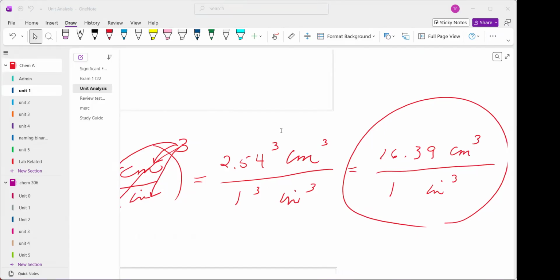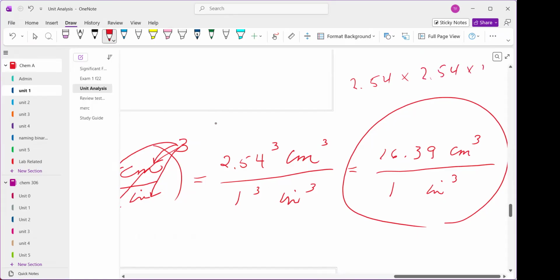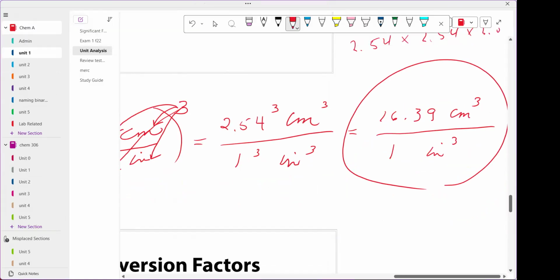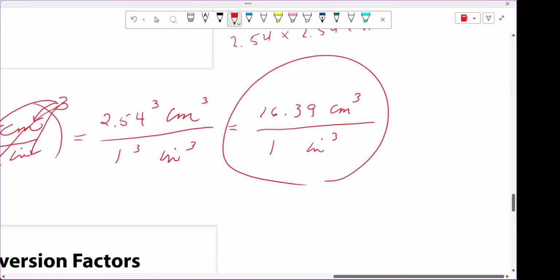Okay, how do you cube? It depends on your calculator. With this particular calculator we're going to be using, one way to do it is just multiply 2.54, 2.54, 2.54. Boom, boom, boom.